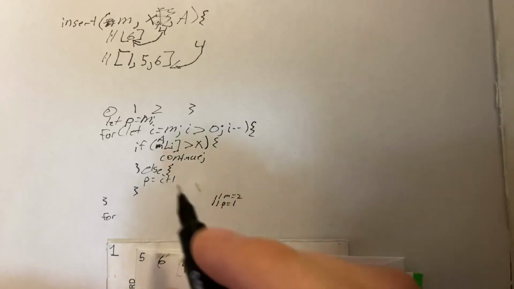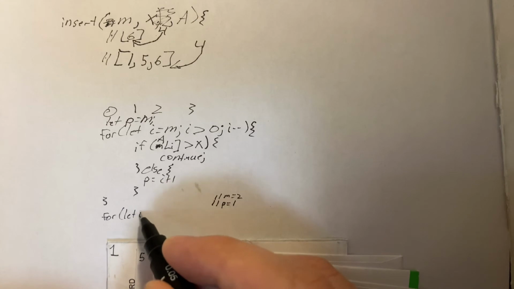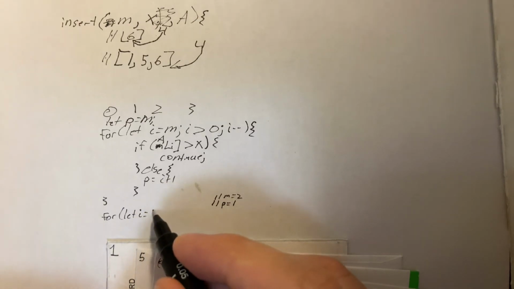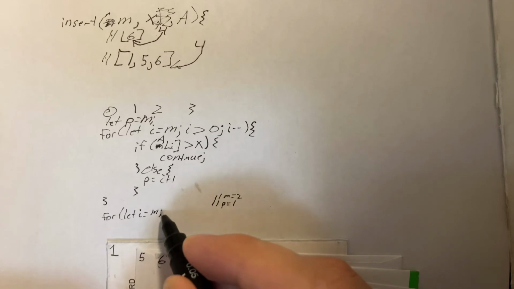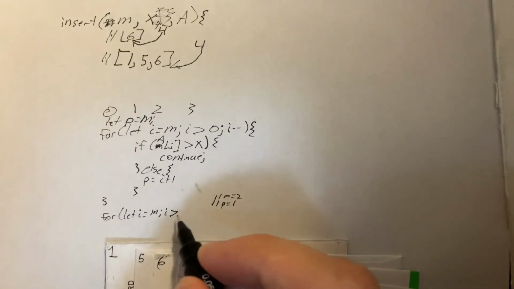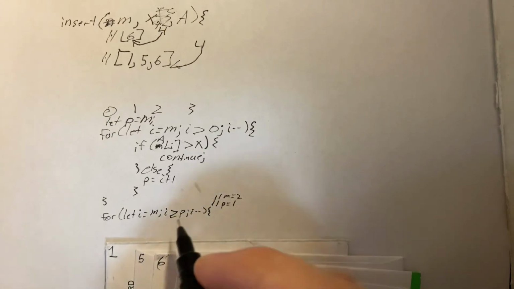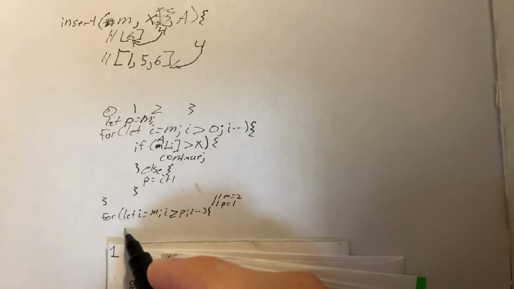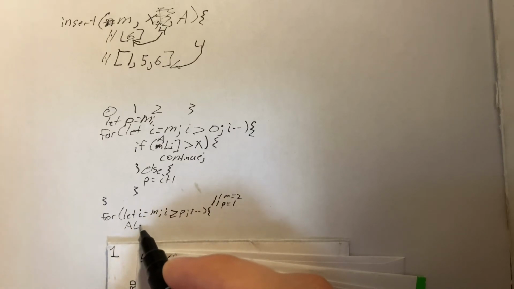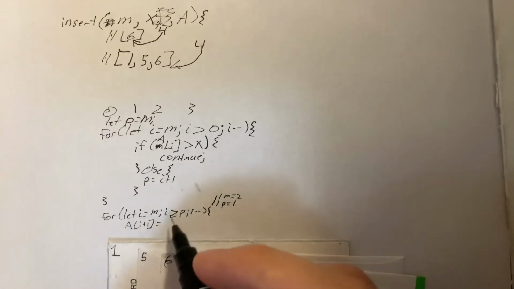So we're going to say for let I is equal to m, I is greater than or equal to p, I minus minus, and we're saying that A sub I plus 1 is going to equal what's to the left of it.